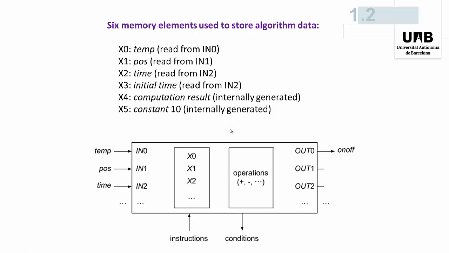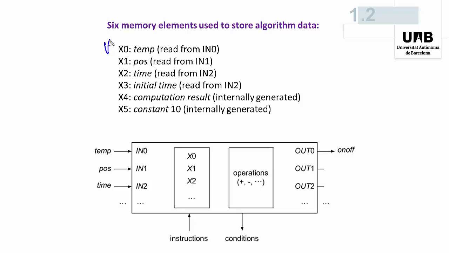In order to execute the temperature control algorithm, some internal memory elements are necessary to store algorithm variables. We have chosen to use x0 to store the value of the measured temperature.